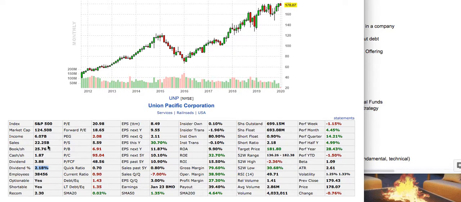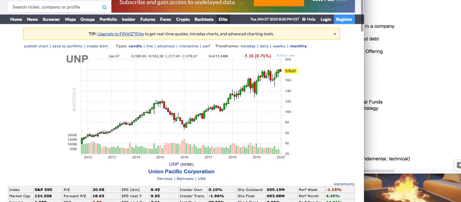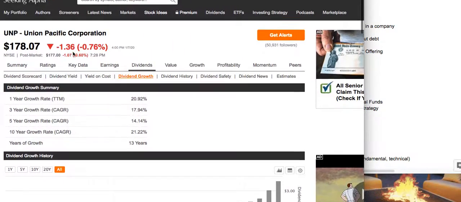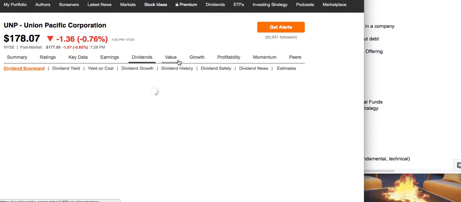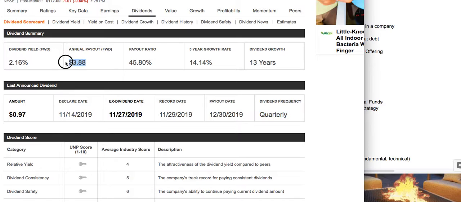I wanted to give another resource that I gave in the last video in terms of dividends. I've brought up on the screen here seekingalpha.com, where I looked up Union Pacific, and this shows you that the dividend that they pay is quarterly, meaning 4 times a year. So they pay out that $3.88.